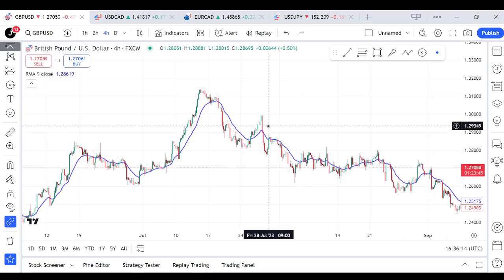In today's video we're going to be exploring a crucial tool that can help you refine your trading strategies. So we'll be looking at the rolling moving average. Whether you're looking to identify trends, pinpoint entry and exit points, or simply improve your market analysis, understanding how to use this indicator effectively is essential.